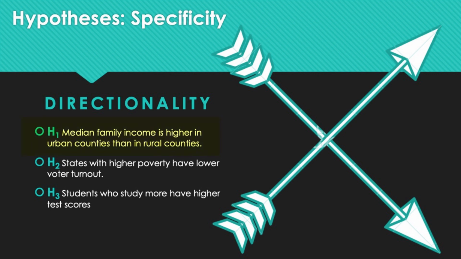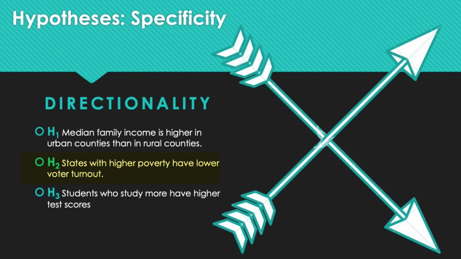So one thing that this hypothesis is arguing is the conditional nature of family income and geographical region. So we expect median family income to be higher in urban counties, but lower in rural counties. So there's very clear directionality there. The second one, states with higher poverty have lower voter turnout.